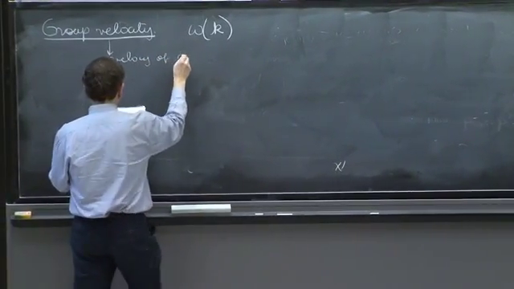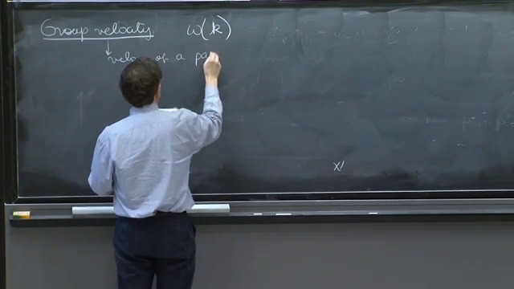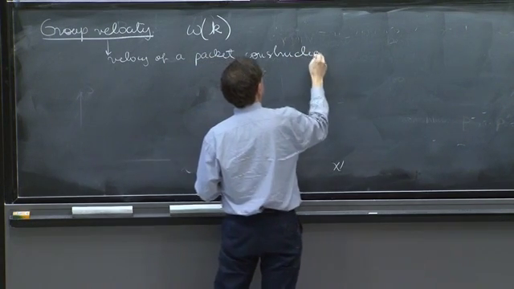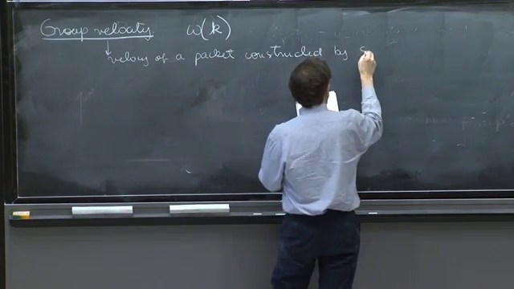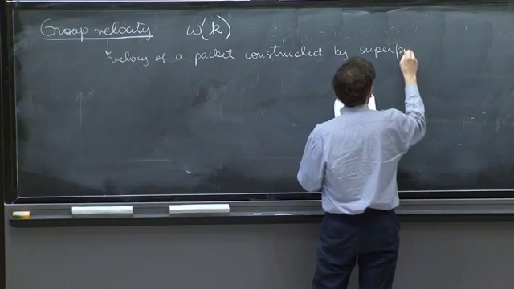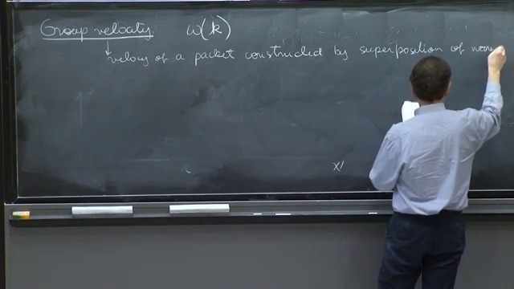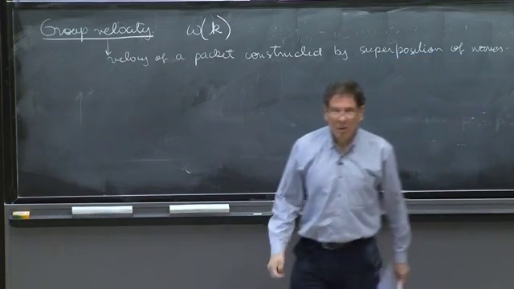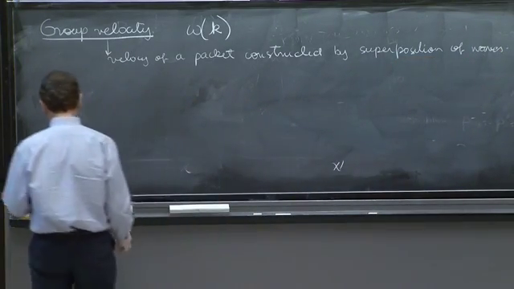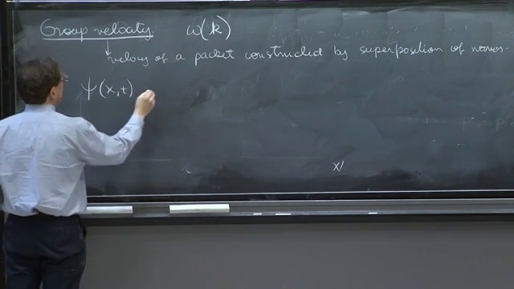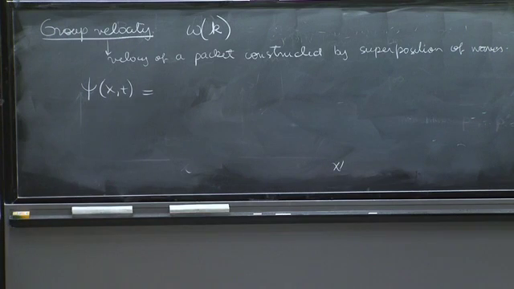And the group velocity is the velocity of a wave packet constructed by superposition of waves. All right, so let's do this here. Let's write a wave packet psi of x and t, which is going to be done by superposing waves.